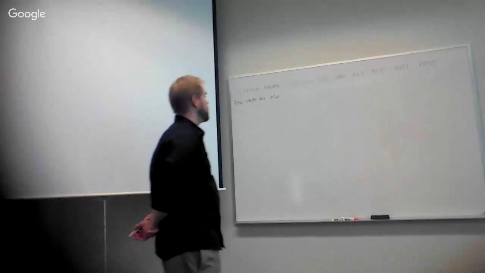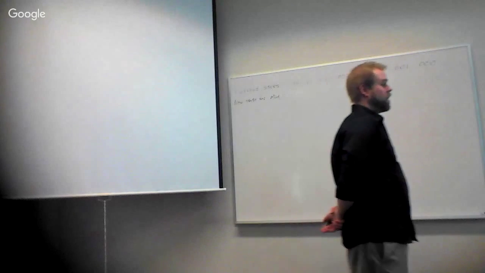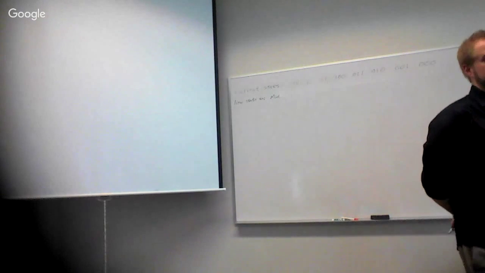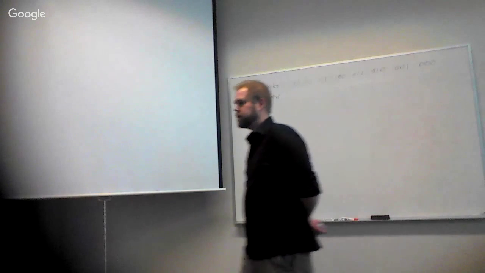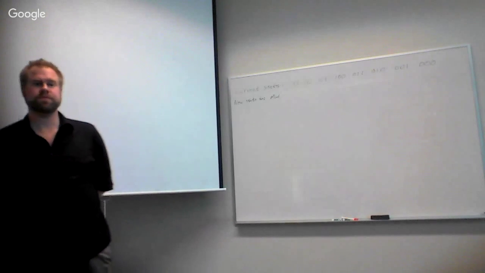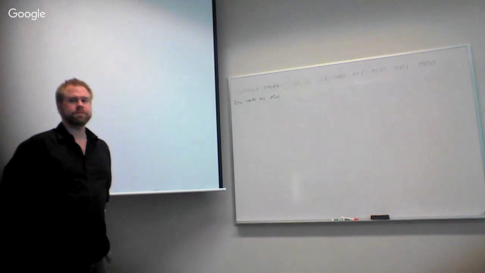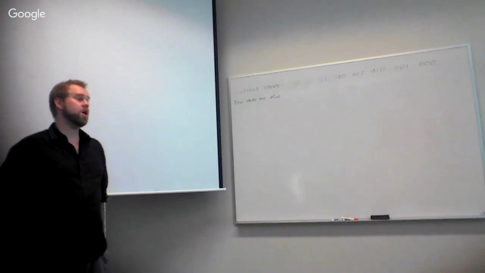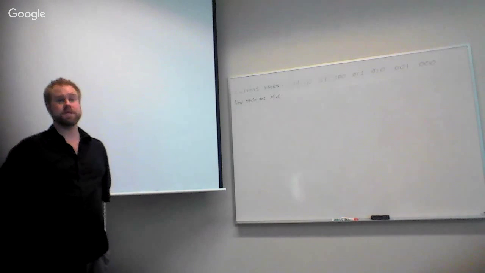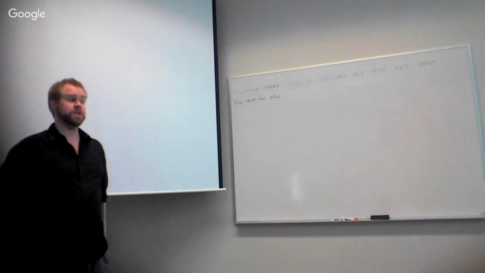So we have a whole lot of possibilities here. How many different rule sets do you have? You have 8 possible current states, so 2 to the 8, 256.